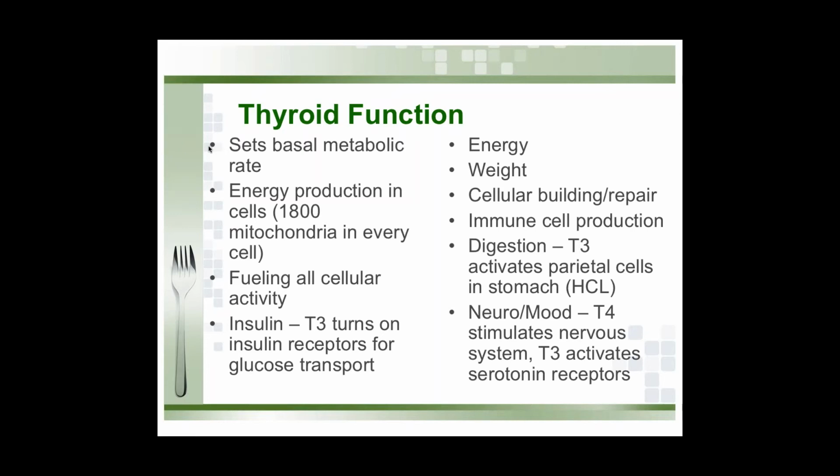Because it's so basic to so many different areas of health, it's not just our weight and it's not just our feeling of having some energy, it's fueling every activity in the body, because every activity in the body relies on ATP production. And if we don't have good thyroid function, we're not going to have good ATP production. So therefore, it can affect many, many different areas of health.